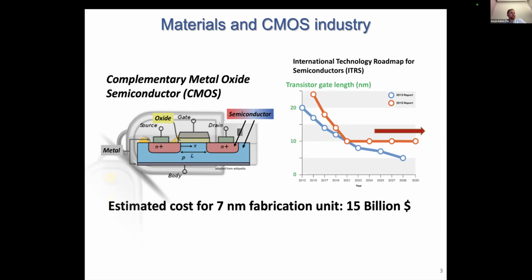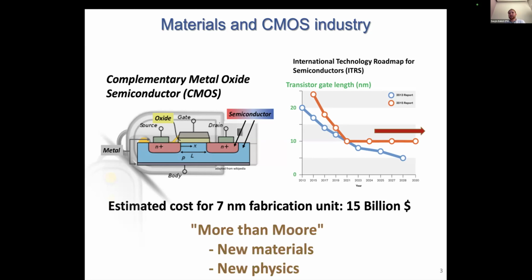For memory cells, we have 13 nanometer units, and fabrication of much smaller units would require a lot of investment. So in order to overcome such a dilemma, we should look for new materials and new physics.